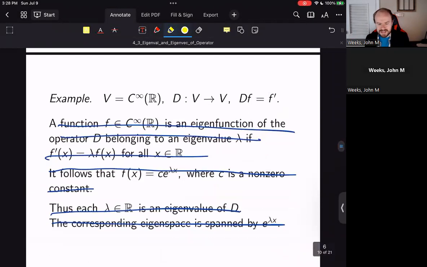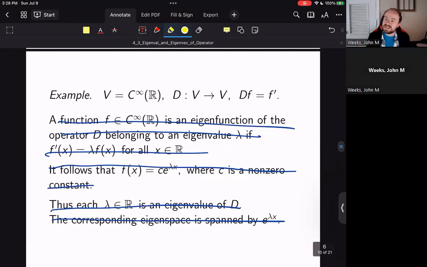All right, so let's go ahead and see some examples with this one, this time looking at functional spaces like smooth functions. V is C infinity. D is the differential operator, taking a function f and popping out its derivative once a function is plugged into it. Now let's think about what it means for a function to be an eigenfunction of this operator.